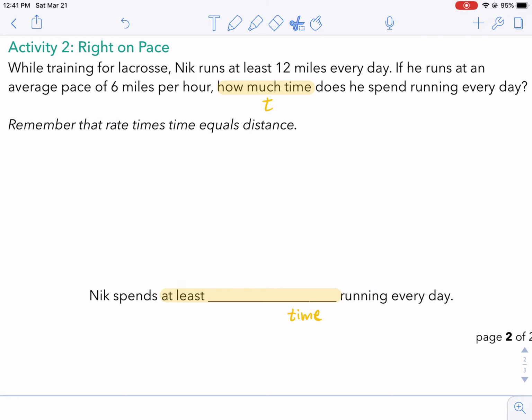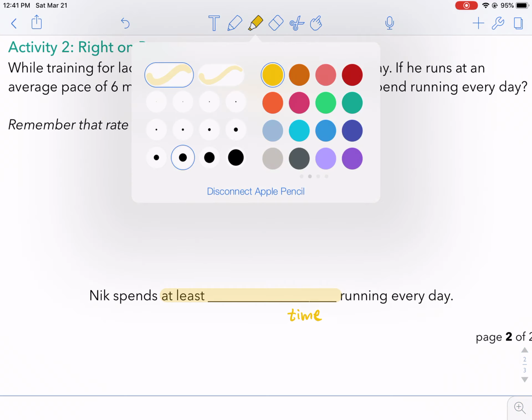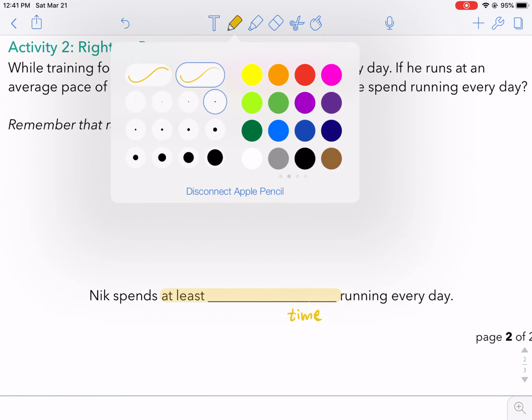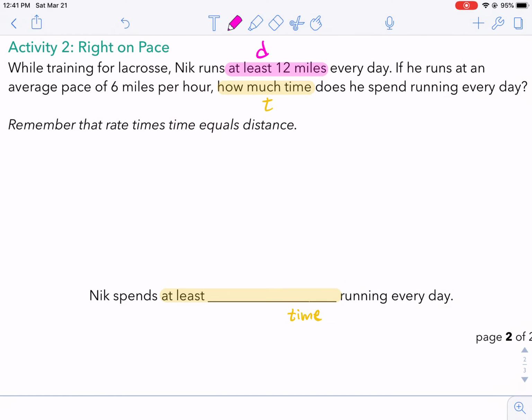Now, Nick runs at least 12 miles every day. At least 12 tells us that his distance spent running is at least 12. It could be more than 12, but a minimum of 12.